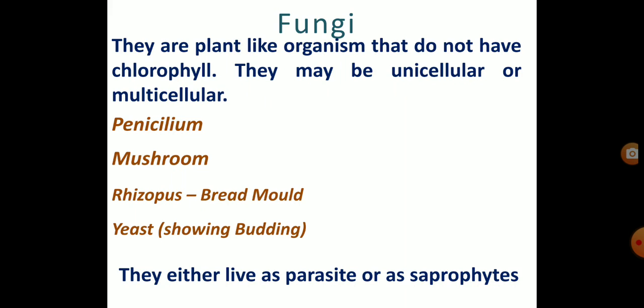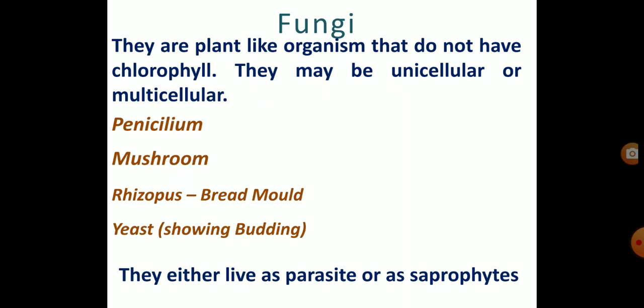Next kind of microorganisms are fungi. They are plant-like organisms that do not have chlorophyll. They may be unicellular or multicellular. They are yeast, you can say, and molds. Yeast are unicellular, whereas bread mold is multicellular.